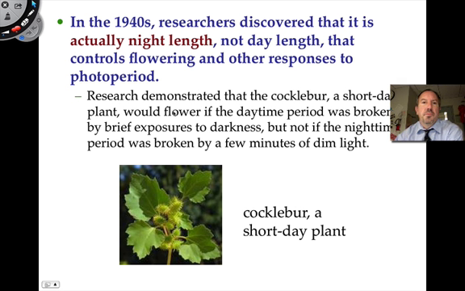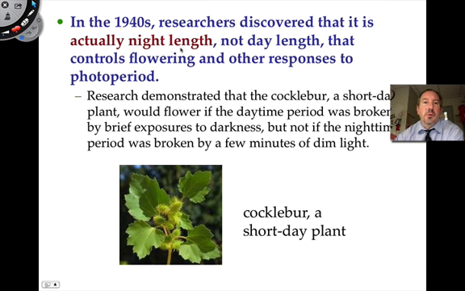And so as another decade goes by, the 1940s, and this is an important thing because scientists have been calling these plants short day plants and long day plants, but as it turns out, and this is a really critical point right here, researchers discovered that it's actually the night length that is most important, that determines flowering.